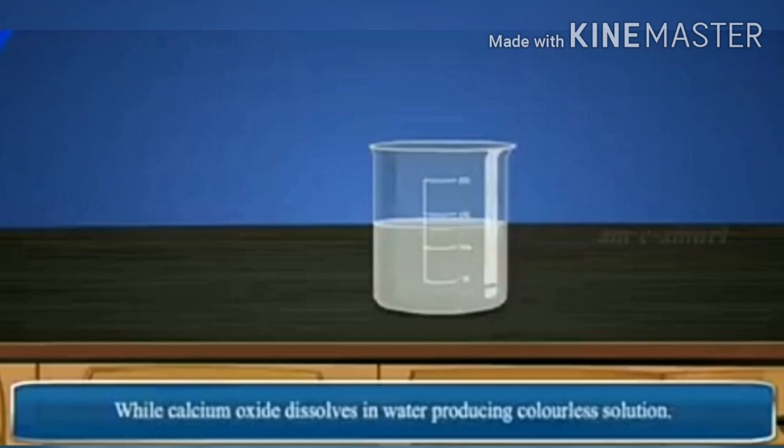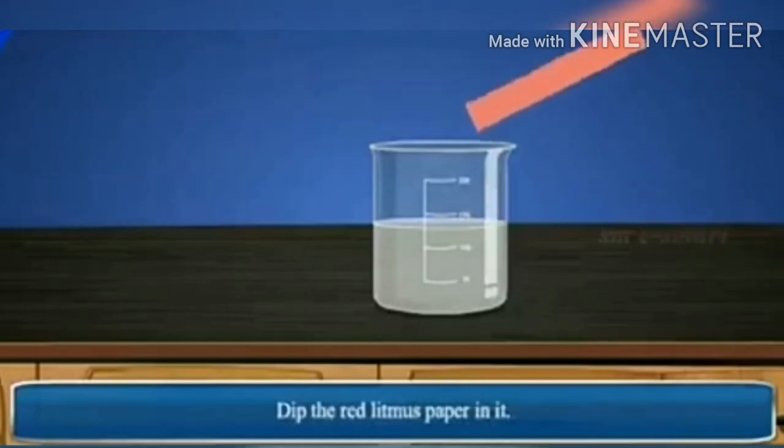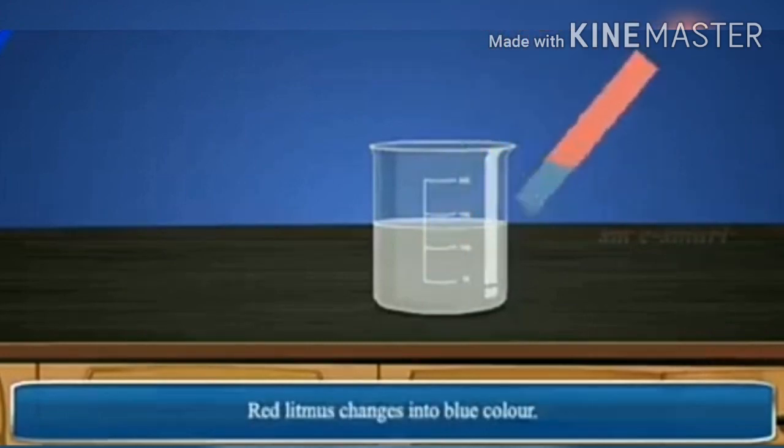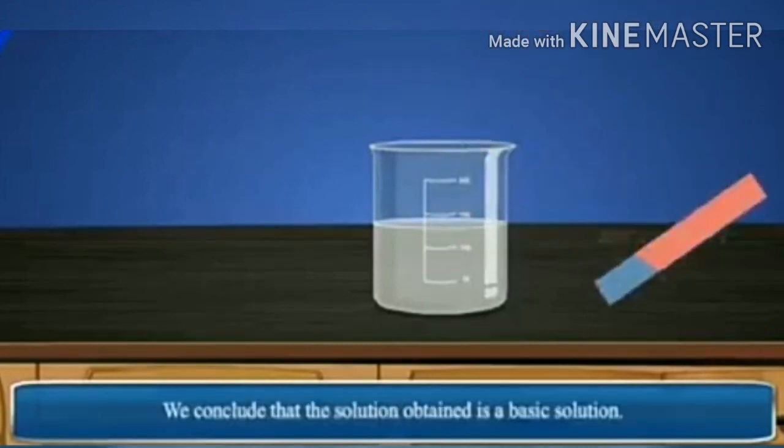Calcium oxide dissolves in water, producing a colorless solution. Dip red litmus in it. Red litmus changes to blue color. With this, we conclude that the solution obtained is a basic solution.